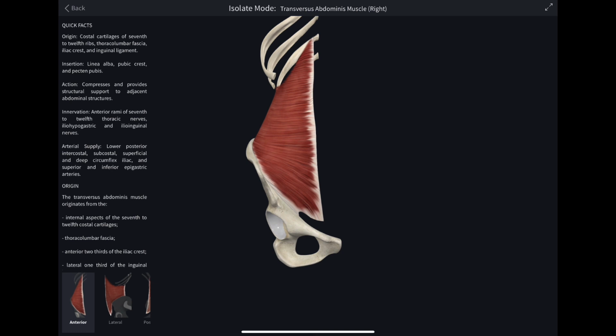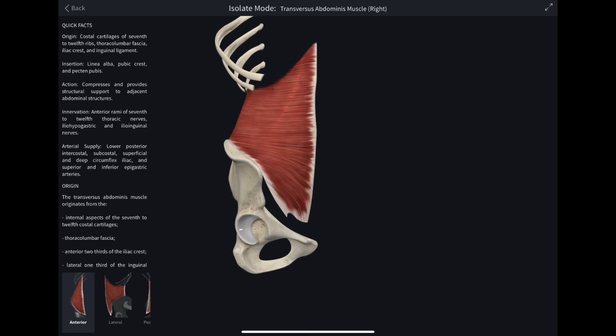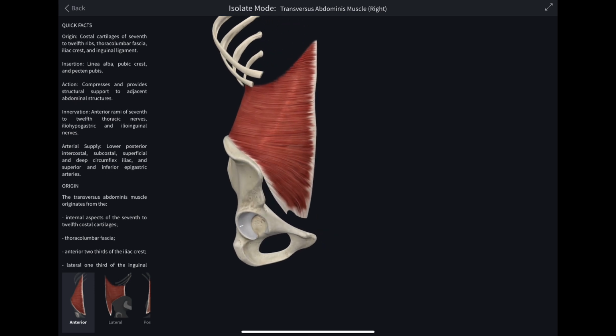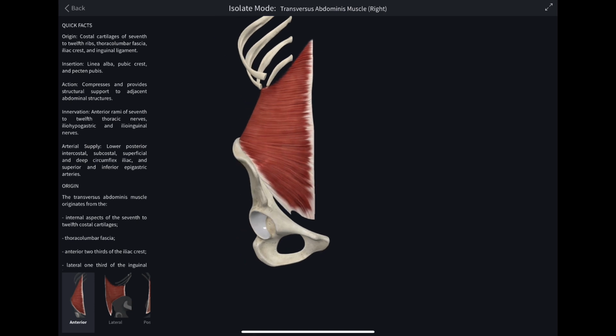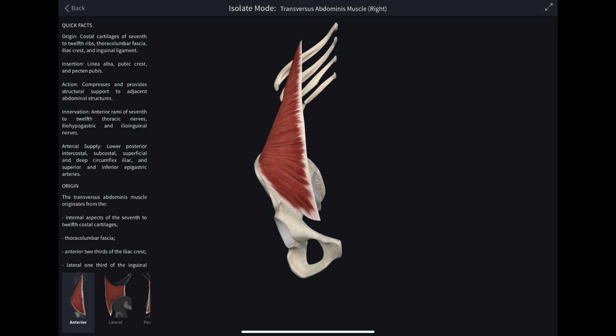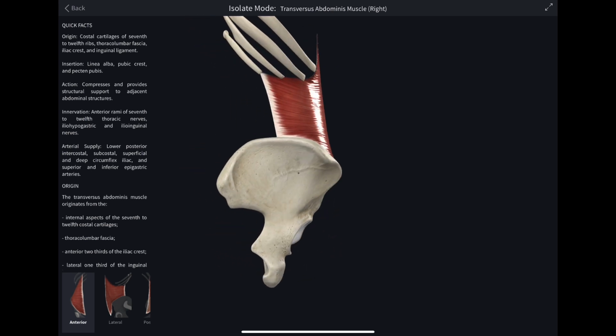One way that I remember the action of this muscle is to think of the word transverse and tighten. These fibers you could see right here in the muscle run transversely or horizontally, sort of like a belt or a corset. Both a belt and a corset compress the abdomen by tightening the abdominal wall. So that's essentially what this muscle does.